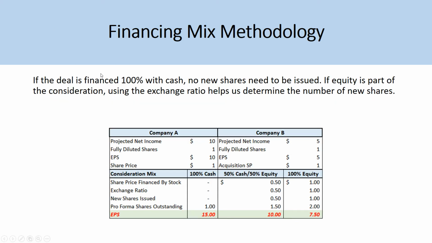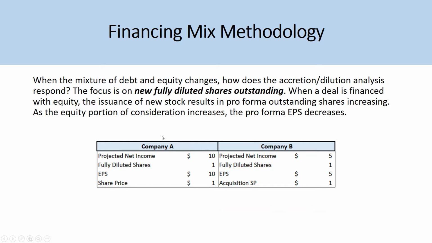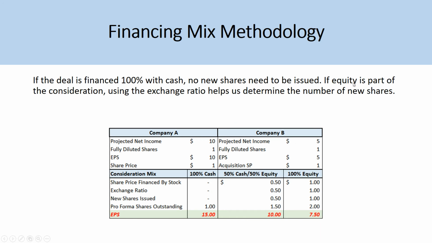So if the deal is financed 100% with cash, no new shares need to be issued. We're still working off the same example, the same Company A acquiring Company B. Now, if equity is part of the consideration, using the exchange ratio helps us determine the number of new shares. So let's walk through this.